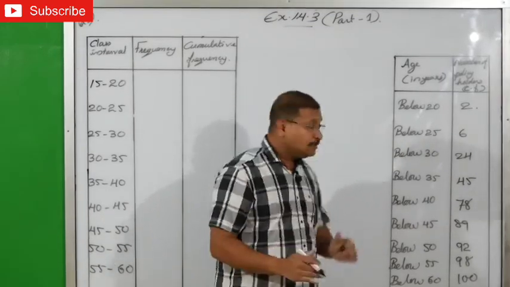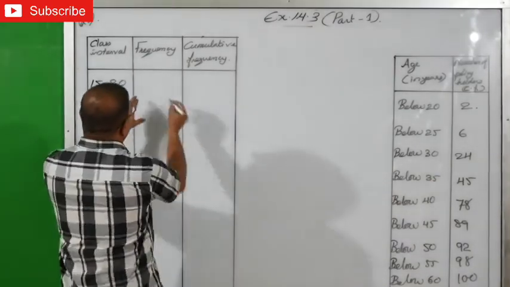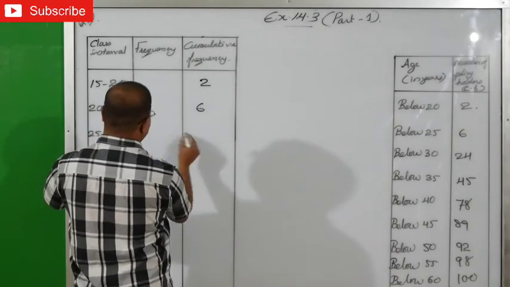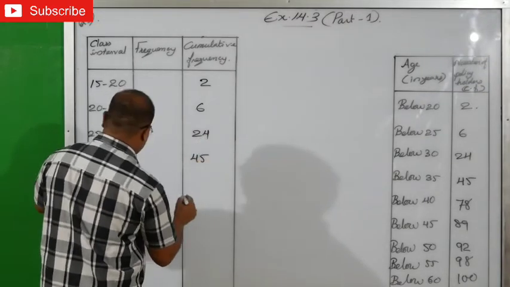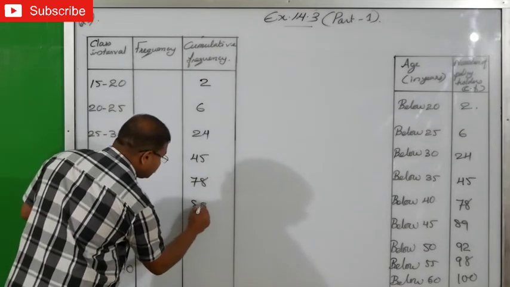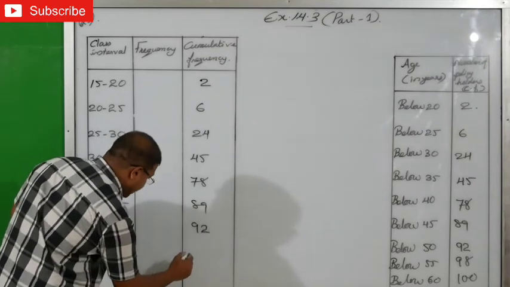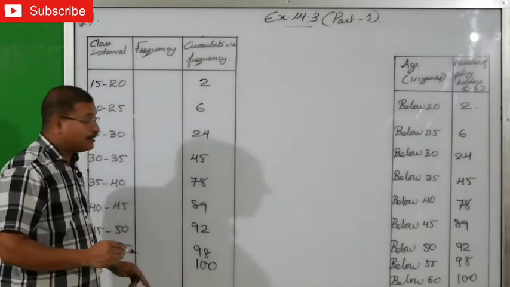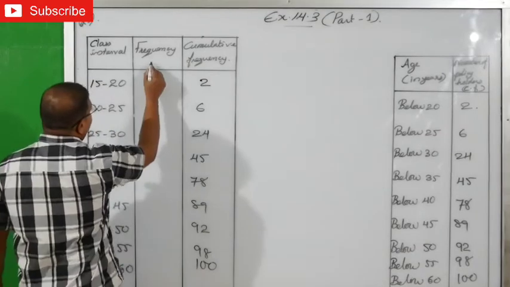So we have to write these frequencies in the cumulative frequency column: 2, 6, 24, 45, 78, 89, 92, 98, and 100. After that, we have to find out the simple frequency. It's very different, so be careful.